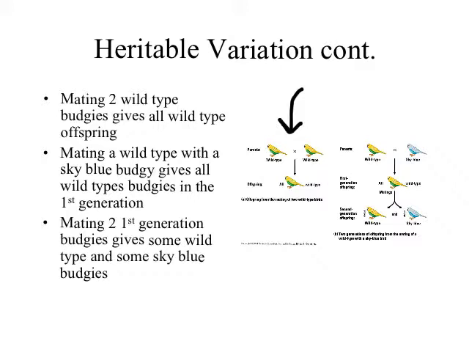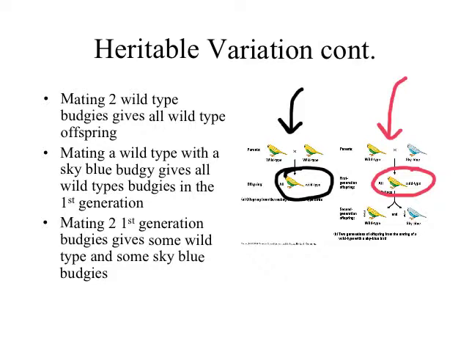However, in this scenario, where we took 1 wild type, which is the yellow and green, and we mated it with a sky blue parakeet, again we would have our first generation of offspring look just like the wild type. So it would be yellow and green.